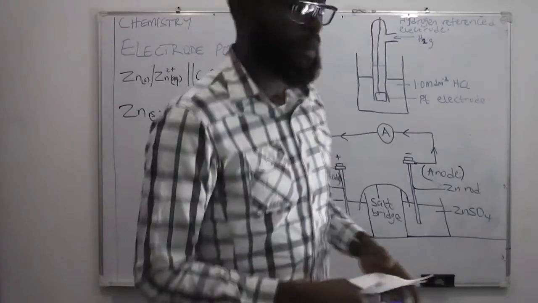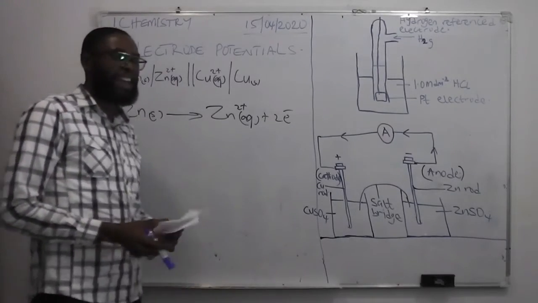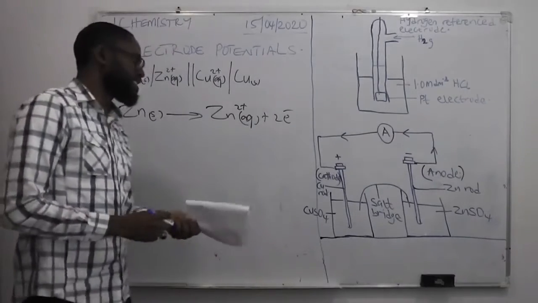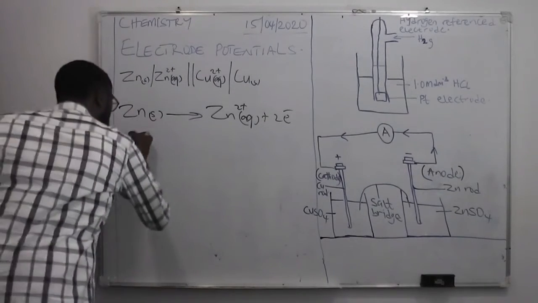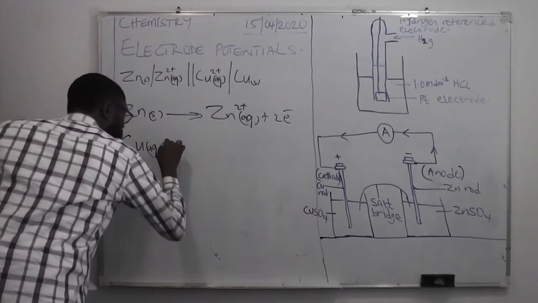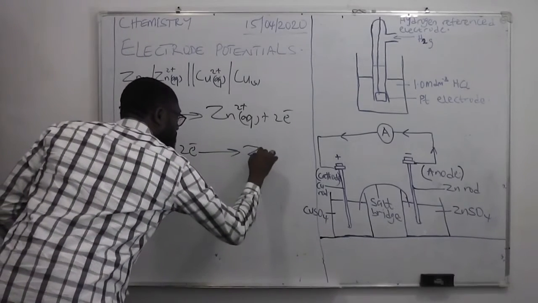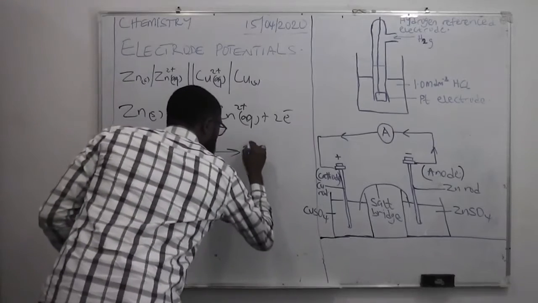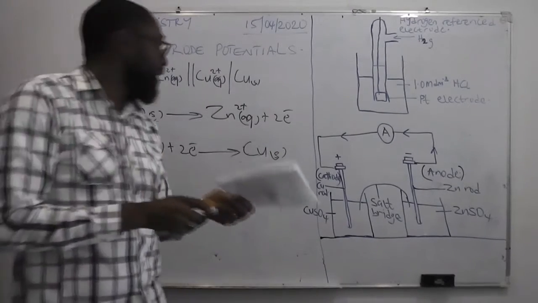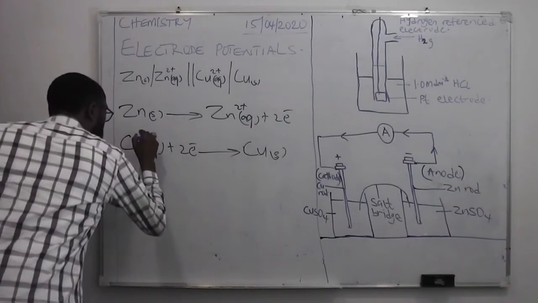Another scenario. If we take a copper rod and immerse it in a solution of a salt, that is copper(II) sulfate, as you can see from this equation, we realize that the copper will rather gain electrons.